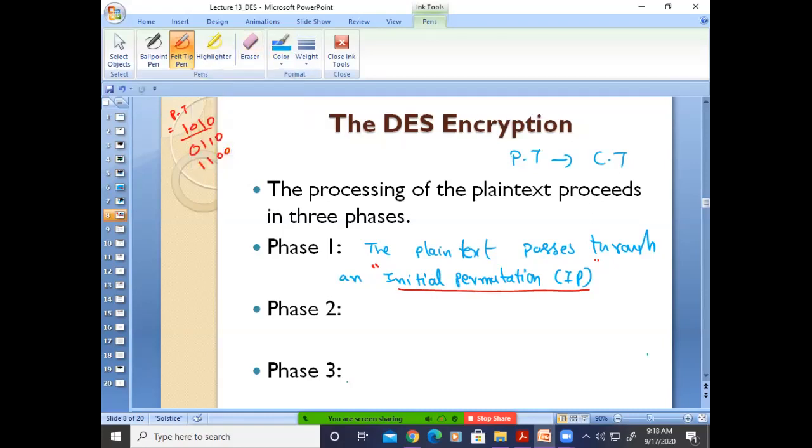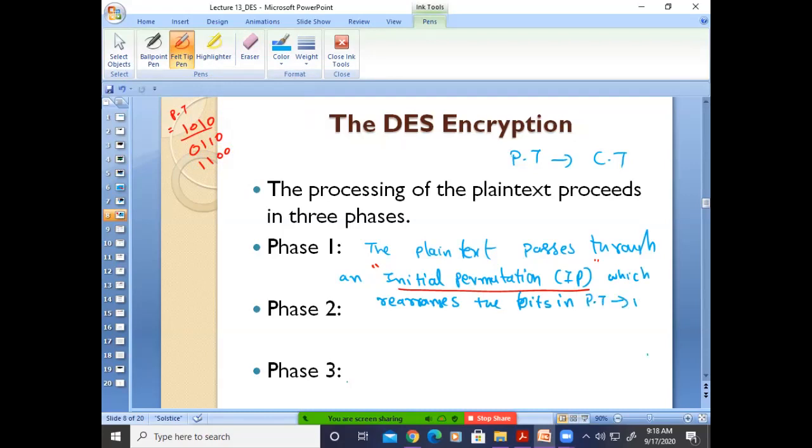Clear? So the plain text passes through an initial permutation which rearranges the bits in the plain text.